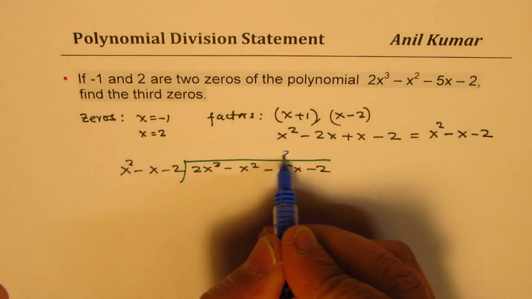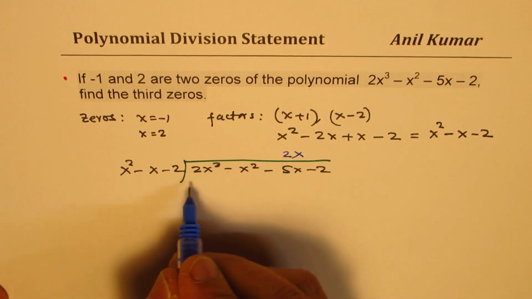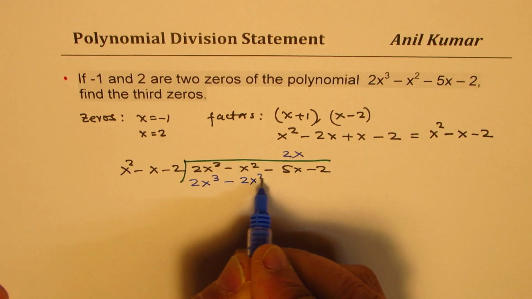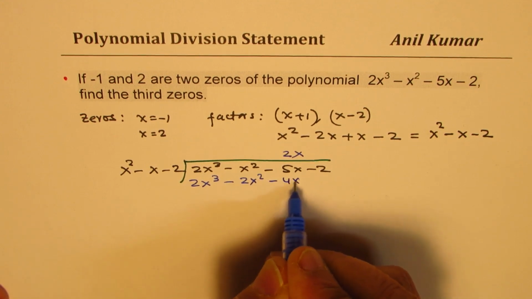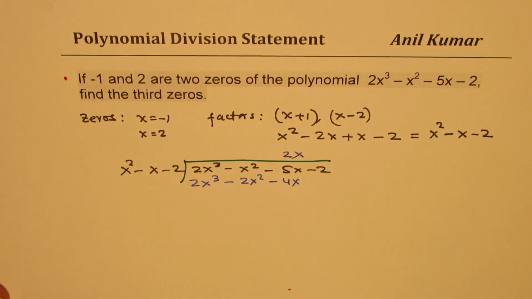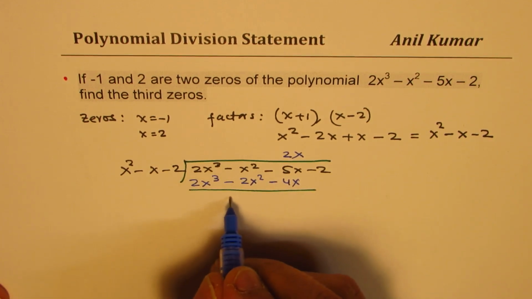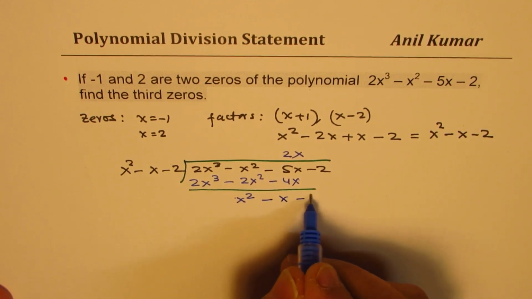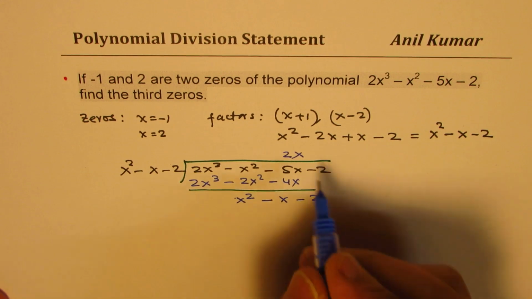So first is take it 2 times with x, so you get 2x cubed minus 2x squared minus 4x. And when you take away, what do you get? So when you take away, you get plus x squared, and that becomes minus x minus 2. So that is one time, right?